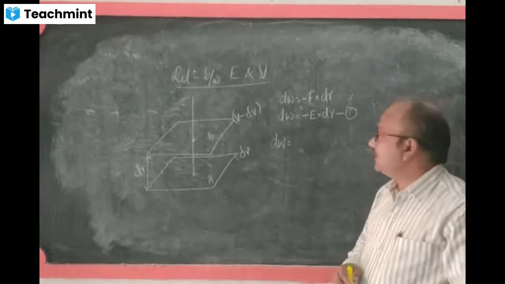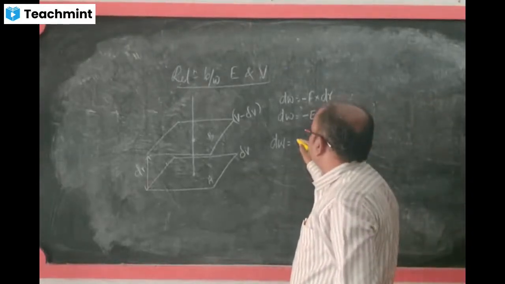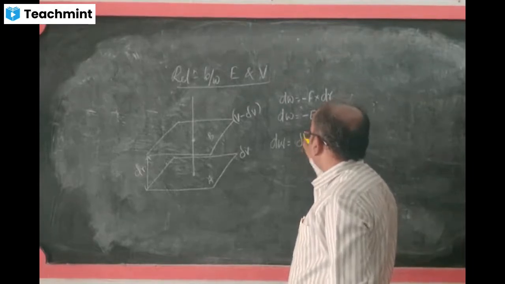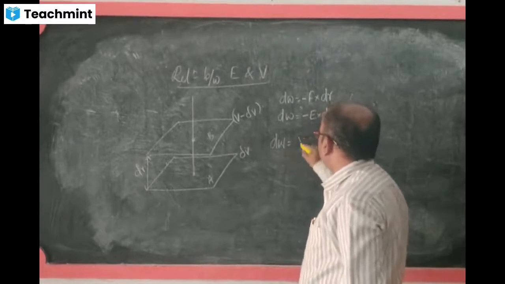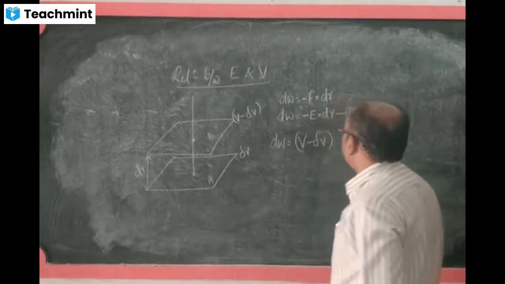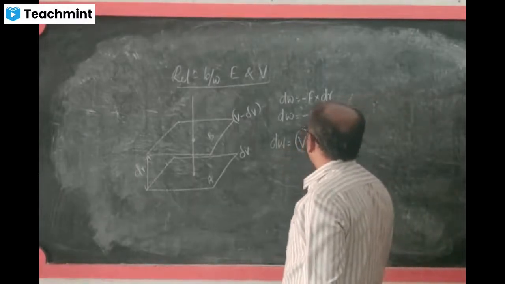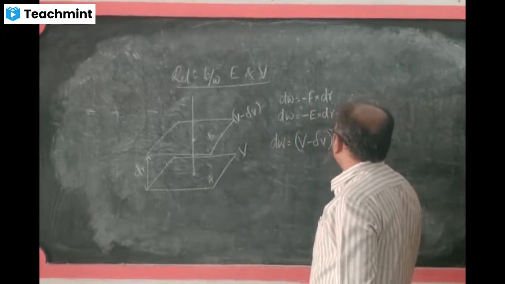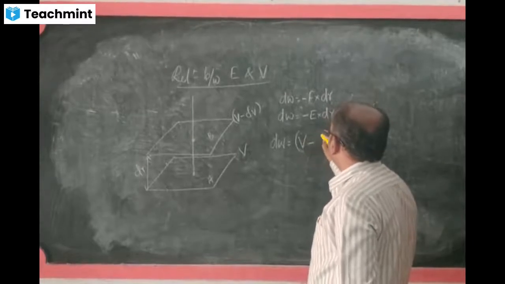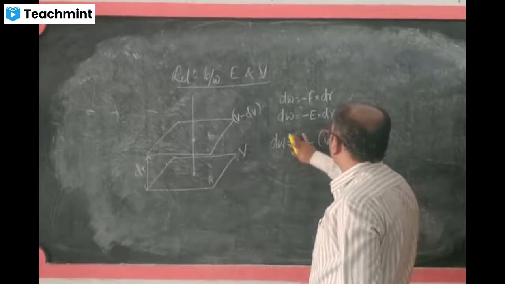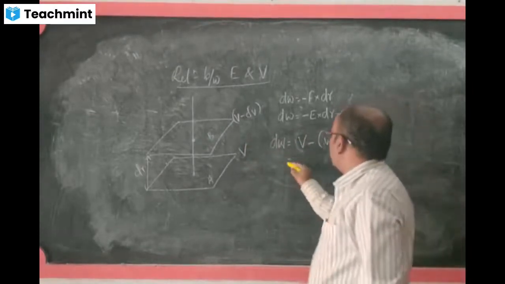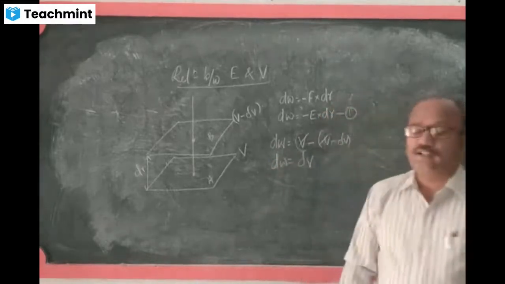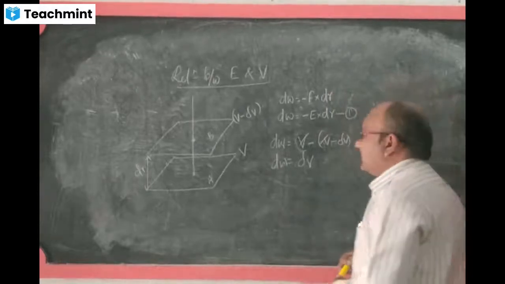That means delta V is V minus of V plus delta V. If you take the difference, the plus and plus get cancelled, and minus and minus becomes delta V. Therefore, the dW, that is the work done, is taken as the electric potential, delta V.